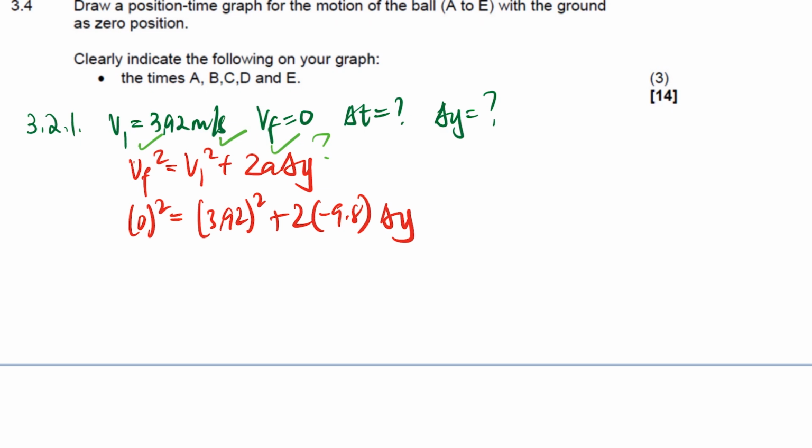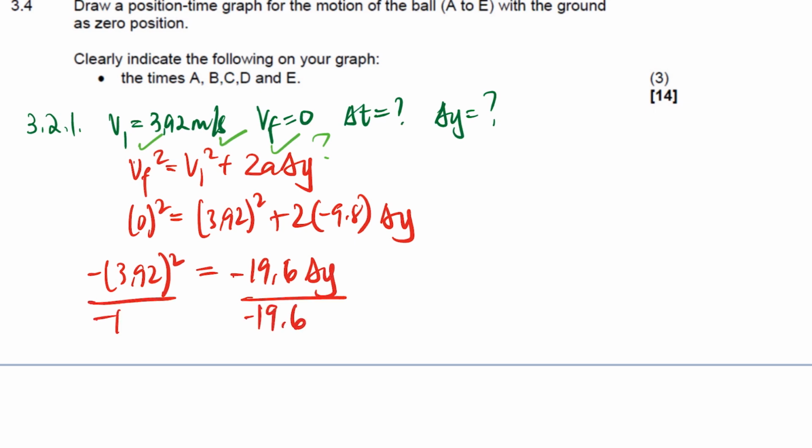So if we take that to that side, we're going to have negative 3.92 squared, and we're going to have 19.6 delta y, and it's negative. We divide by negative 19.6 both sides. So our change in y, which is the height there, is 0.78 meters.